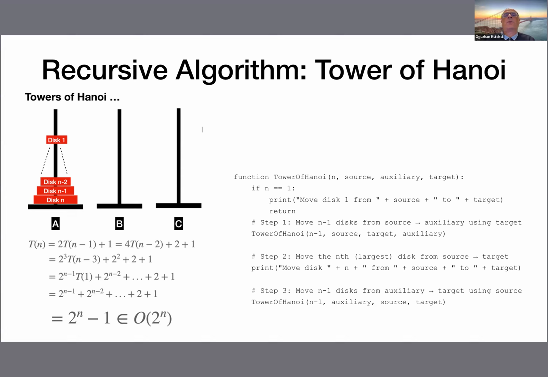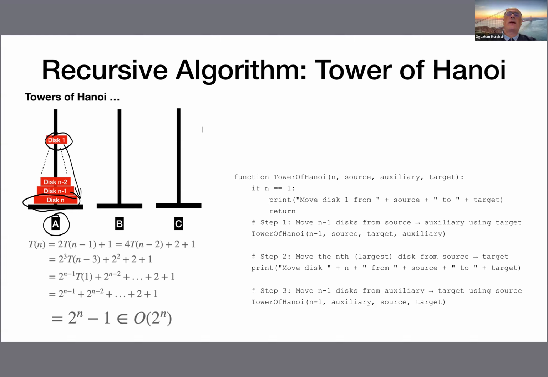What we are trying to do: we have 3 towers. In the first tower, let me say A, I have n disks. The smallest one is on the top and the largest one is at the bottom, and the disks are sorted according to their sizes. In other words, on top of a larger disk there always appears a smaller disk.